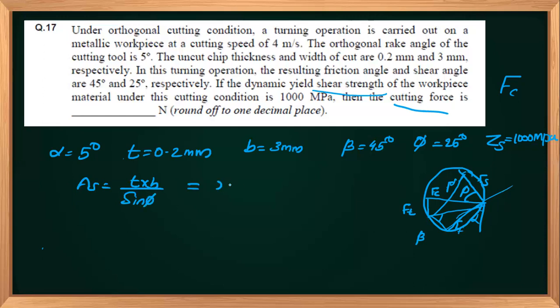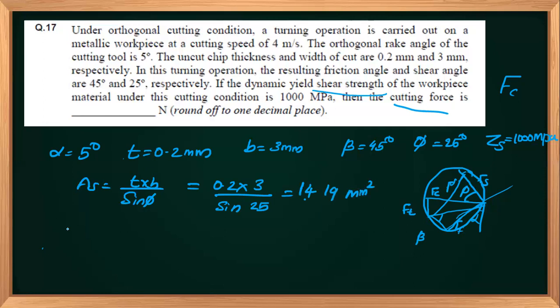So t is 0.2 times b is 3, divided by sine 25. This comes to 1.49 millimeter square, right?